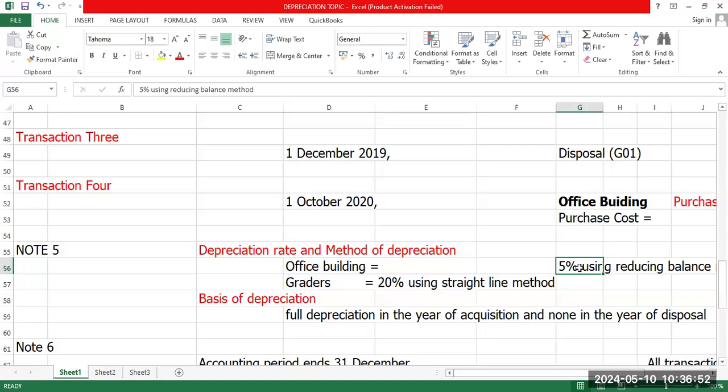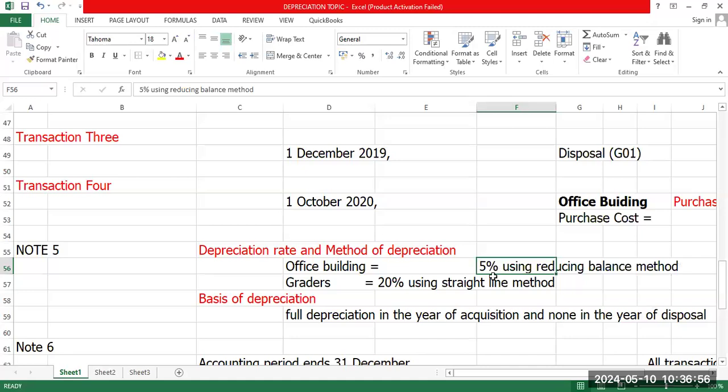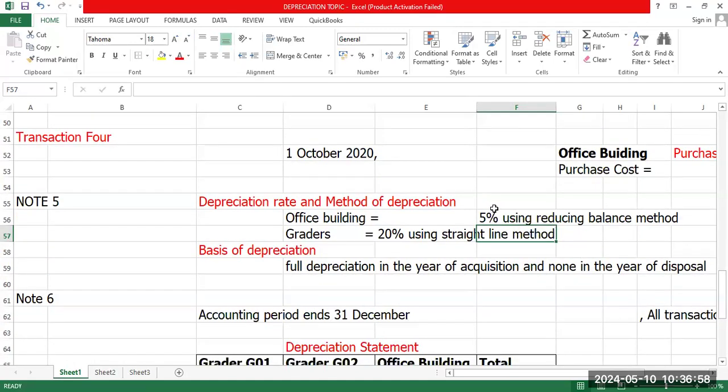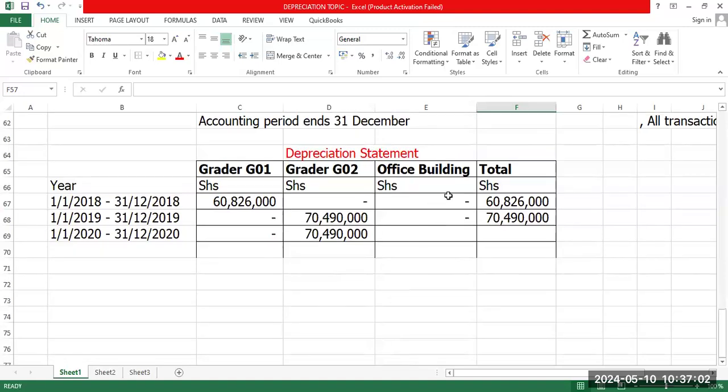But the percentage is 5%. Since we don't have previous depreciations, you just get 0.05, because 5% is 0.05, then you multiply.